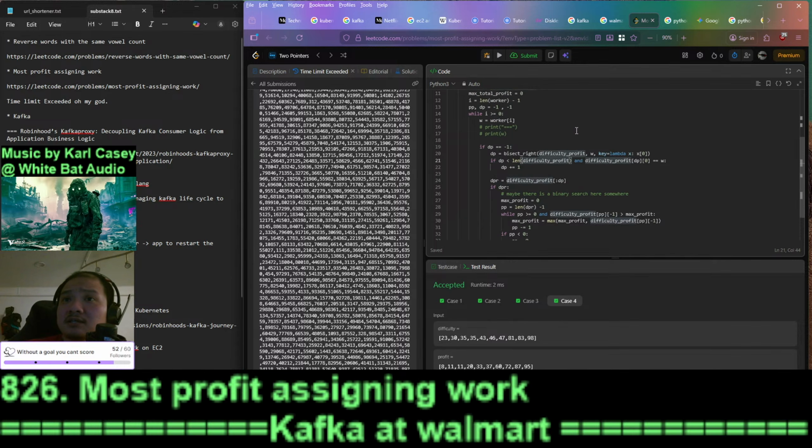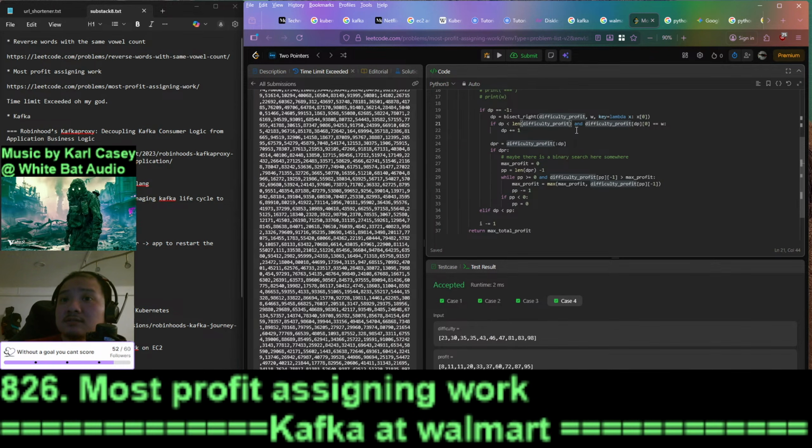So basically, right, and the other case is else, that means DP is greater than or equal, right? Greater than or equal.